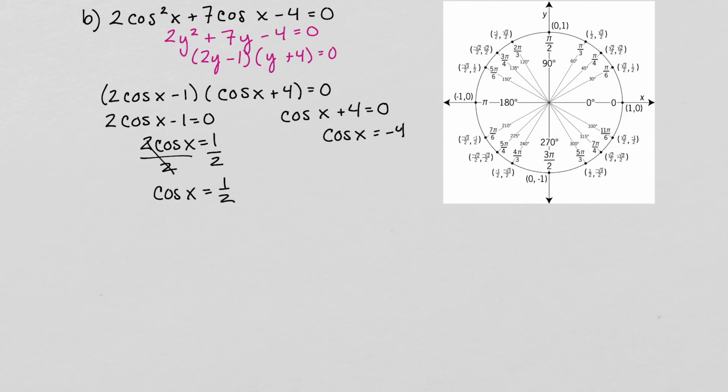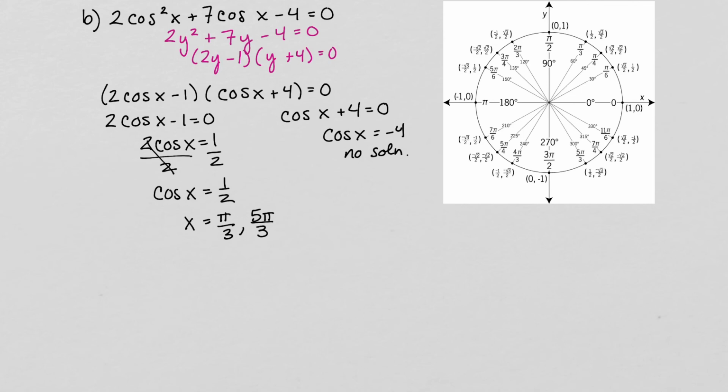And so again, cosine x can never be equal to minus 4, right? Cosine lives between 1 and minus 1. So this part has no solution. This part here, cosine x equals 1/2, does have solutions. That's going to happen when x is equal to pi over 3 and 5 pi over 3. So this has two solutions.